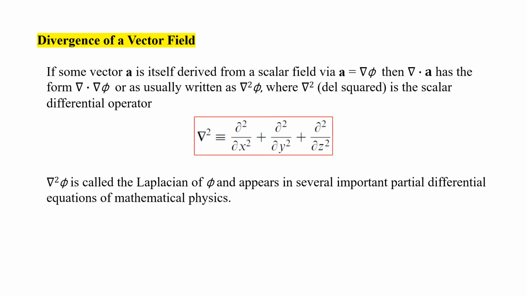So again, if your vector A is equal to del phi and we take del dot A, then this is equal to del dot del phi, or del squared phi. Del squared phi is called the Laplacian of phi, and it appears in several important partial differential equations of mathematical physics. So it's the Laplacian operator of phi.